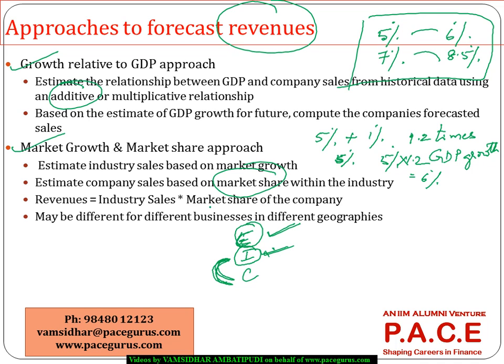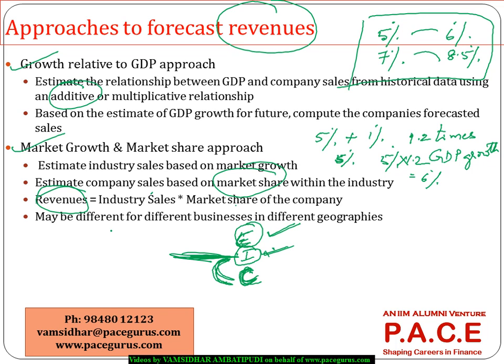So based on the estimate of the market share, and once you have already estimated the industry sales, you take the estimated market share of the company, multiply it with the industry sales, and then give a revenue number to this particular company for the future.